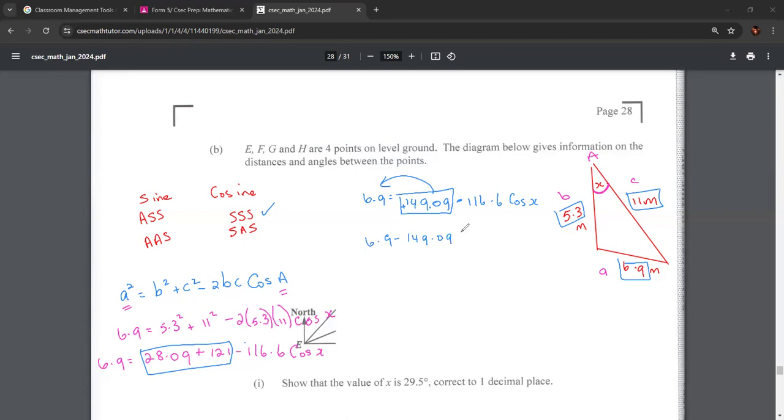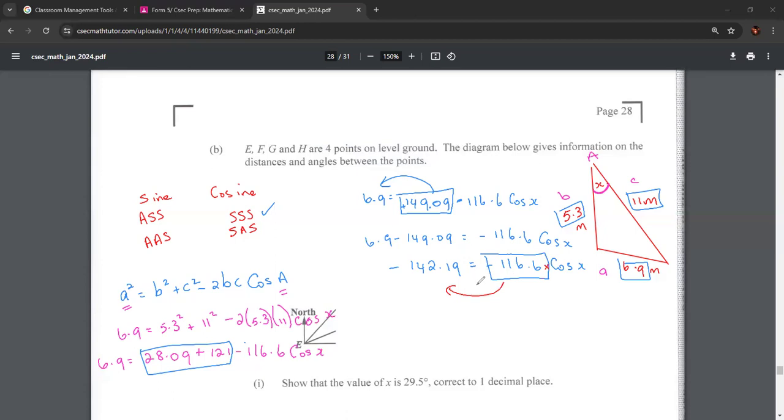And we got negative 142.19 is equal to negative 116.6 cos of x. Now remember, our goal is to find out what is x. So I'm going to carry this across. But remember, this was attached to the cos x through multiplication.